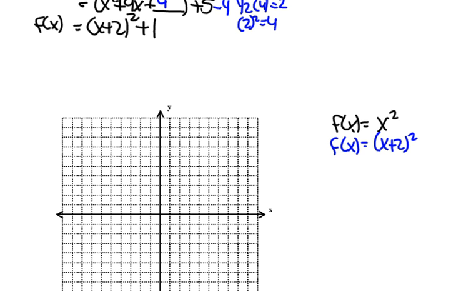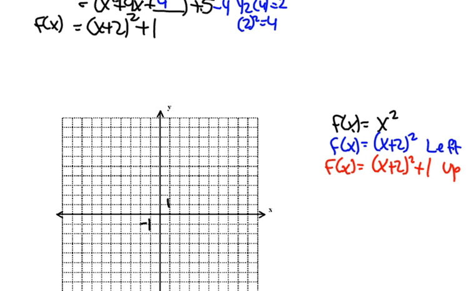Which direction is this going to go? That goes to the left. And now I have to deal with plus 1. Which direction is that going to go? That'll go up.